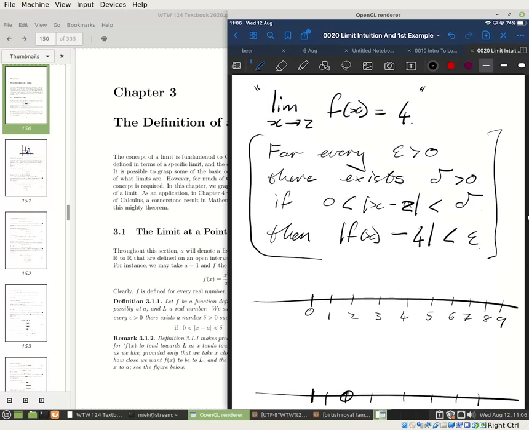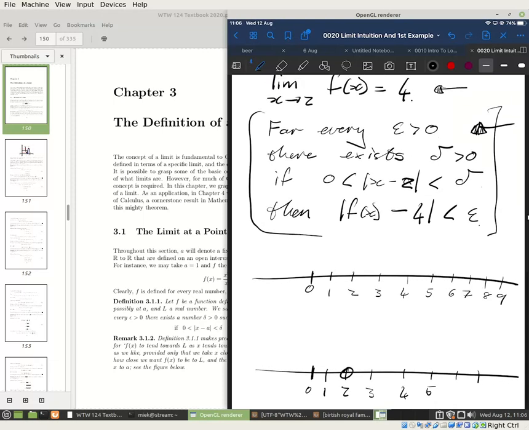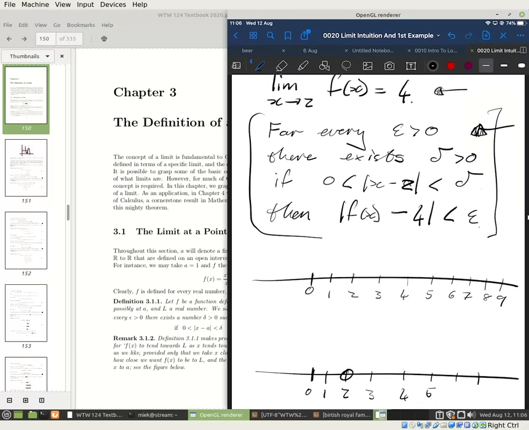So let us think about what this definition says. It says that the limit as x tends to 2 of f of x is equal to 4. So here we have 2, and intuitively what it says is numbers close to 2 will be sent to numbers that are close to 4.